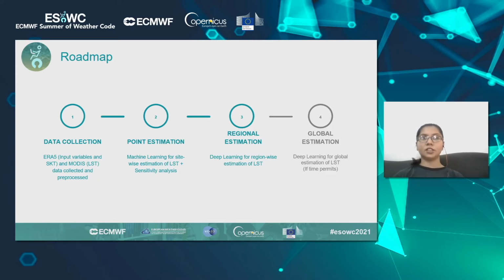So the challenge here was to extend our model from being a point-wise model to also understanding characteristics of an entire region. The 4th step here, which is global estimation, is something that we wish to continue in the future as a part of this project. So this presentation would mostly be focusing on the regional estimation and the results that we got from that phase.